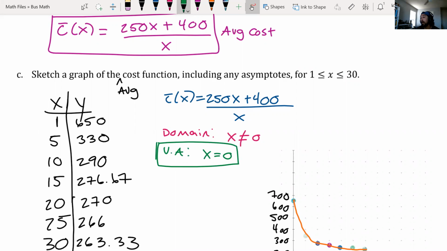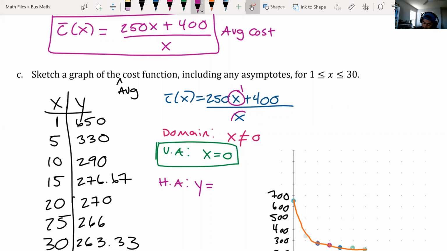Okay. And then for my horizontal asymptote, well, we look at the average cost function and we look at the degrees. Here, the power of the numerator is 1.